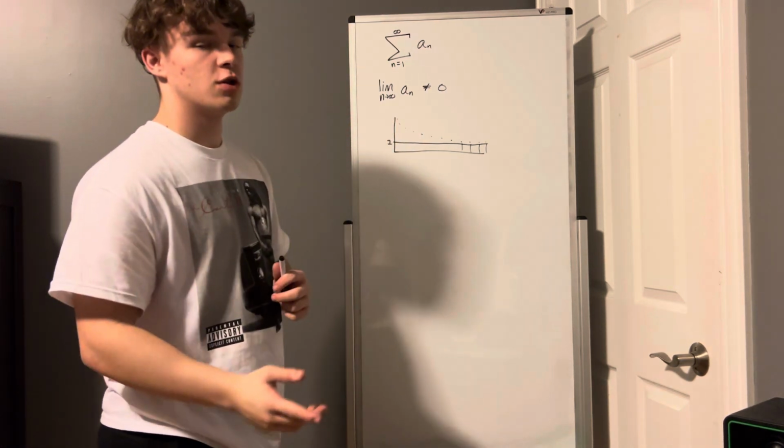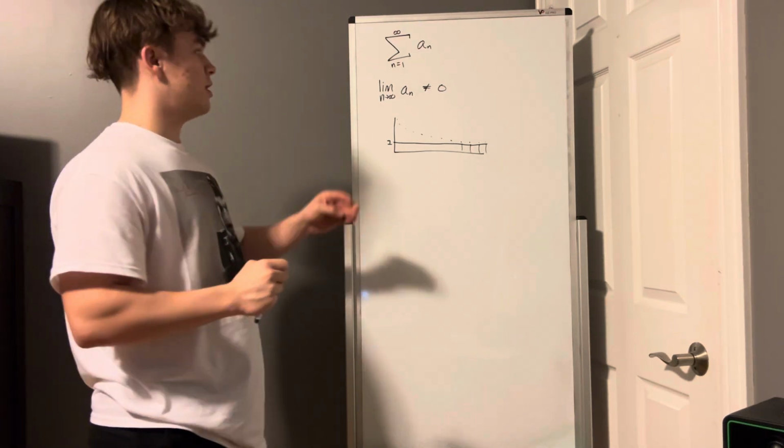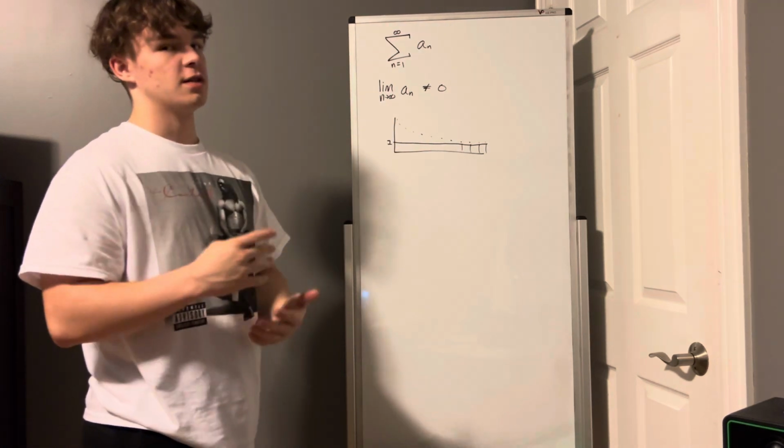Let's make sure to not use this the other way around and not say that as long as the limiting value is 0, it is convergent, since that's not the case.